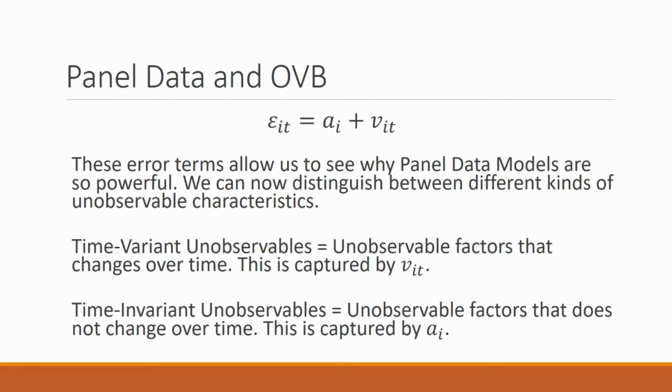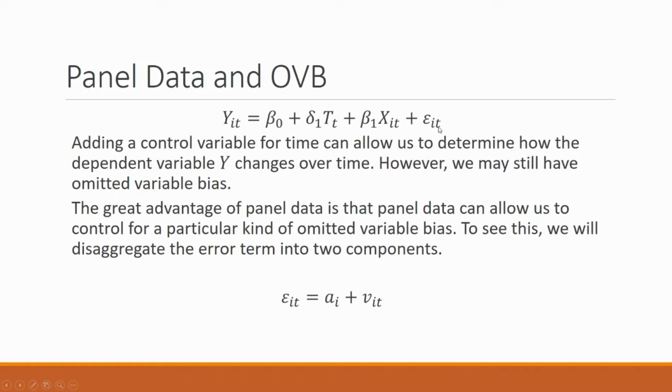Okay, so remember, the epsilon captures the error term, captures all the information that is omitted from the regression. That means it's capturing all the information from omitted variables, even and especially the unobserved omitted variables. All the variables that are omitted from the model that we do not observe are captured by the error term.